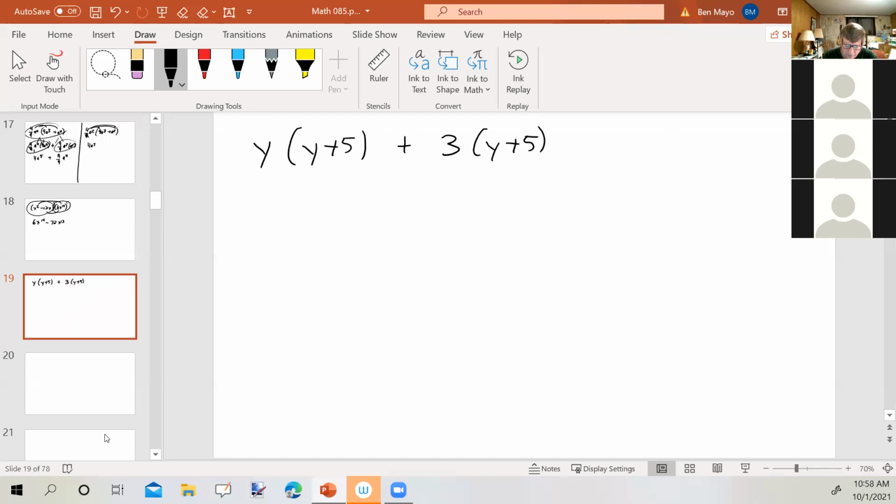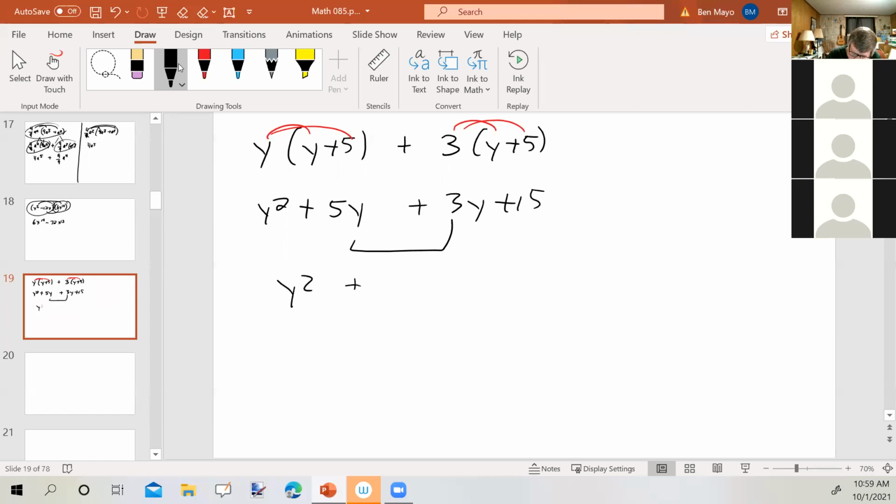So I would go y times y is y squared plus y times 5 is 5y. 3 times y is 3y. 3 times 5 is 15. Then I'm going to combine like terms and get y squared plus 8y plus 15. Any questions about what I just did there?